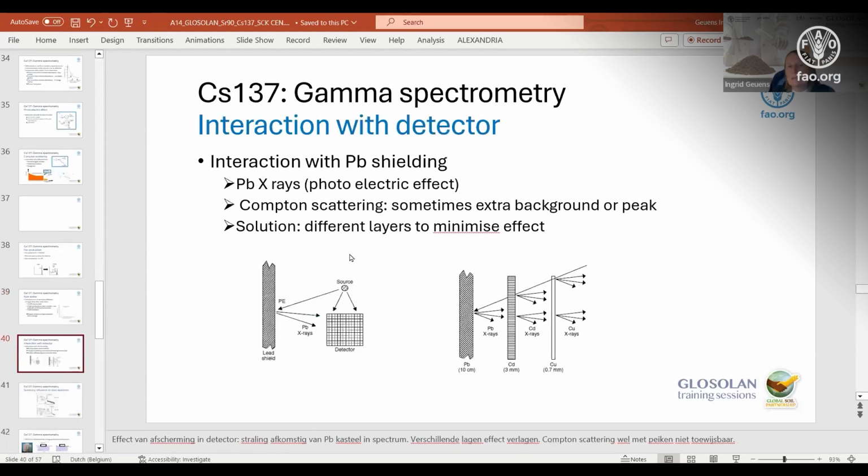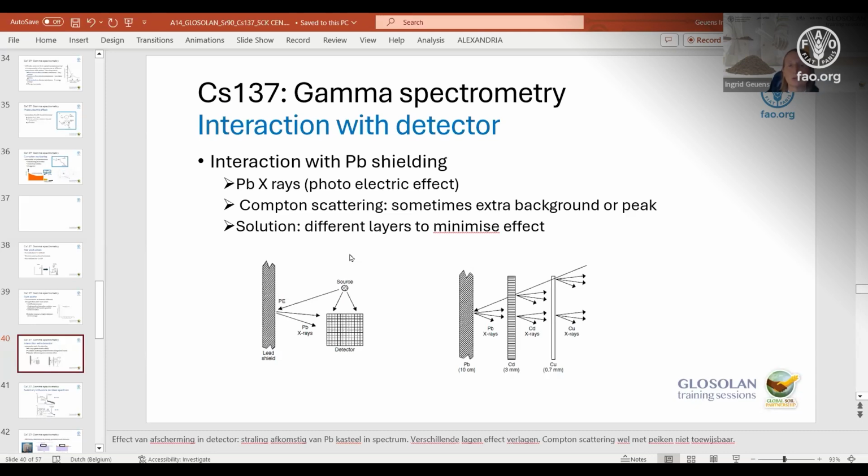There is one extra interaction we need to take care of in gamma spectrometry, and that's the interaction with the shielding itself. So as said, gamma interacts over a long distance. We have to shield the detector. We have to shield, let's say, the complete system.